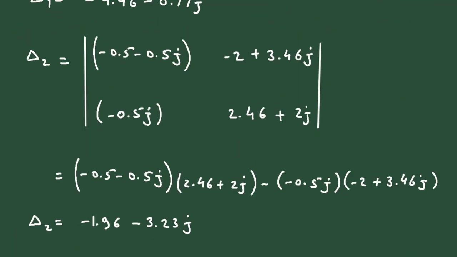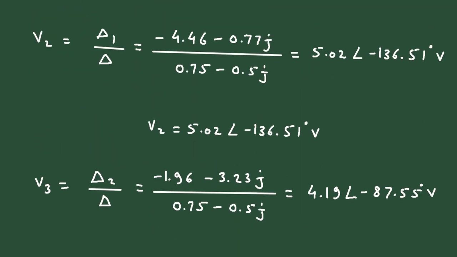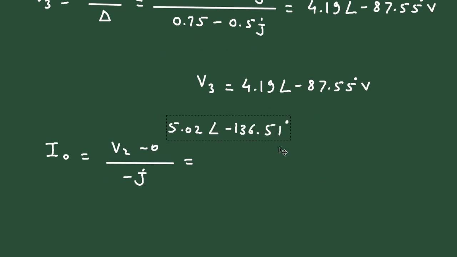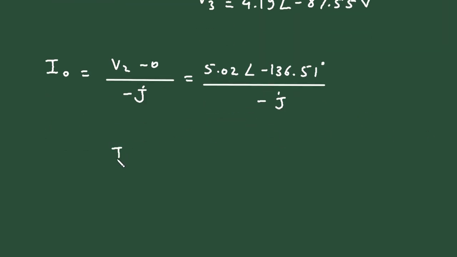Now we got the value of V2, so let's take the value of V2 and divide this by minus j.